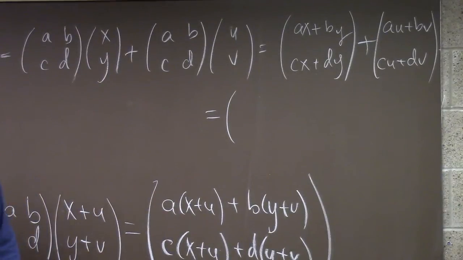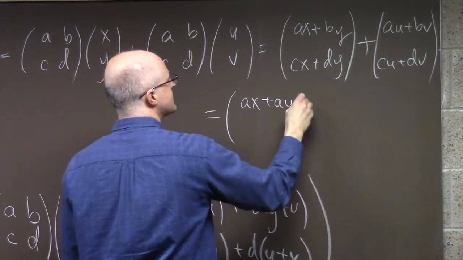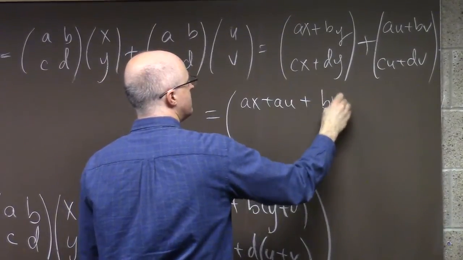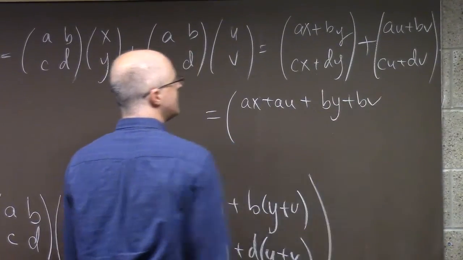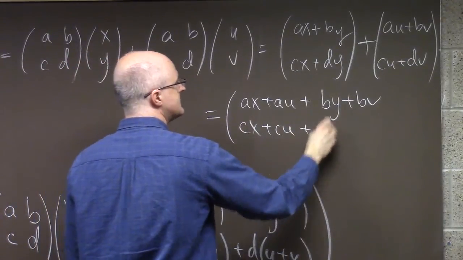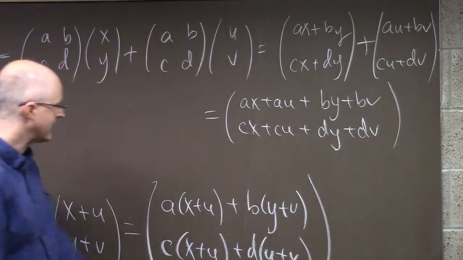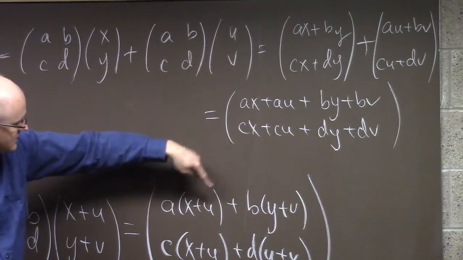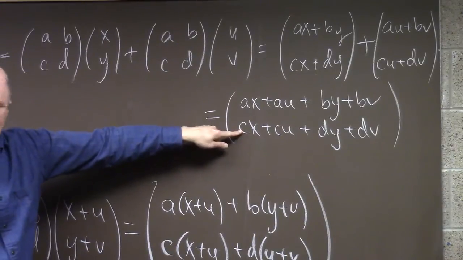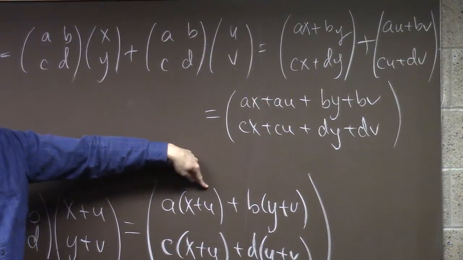Do a little rearranging. ax plus au plus by plus bv, cx plus cu plus dy plus dv. I did a little rearranging to help make the connection here. These two things are the same thing. Right, check that over by the distributive property.